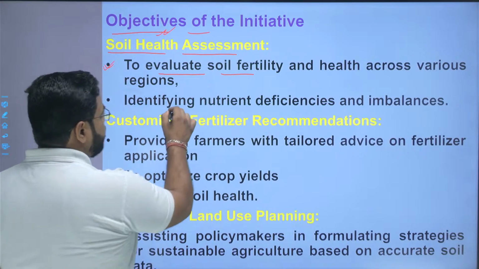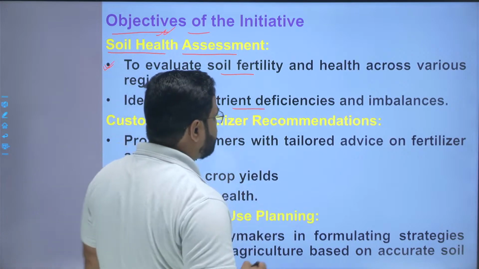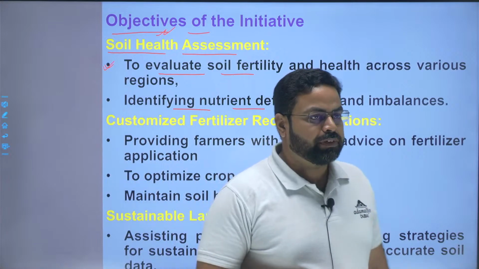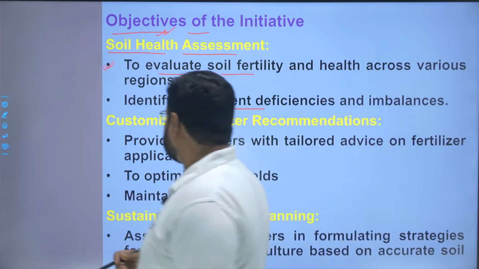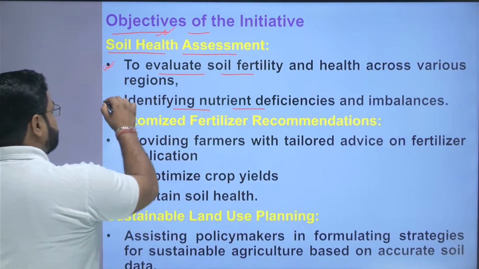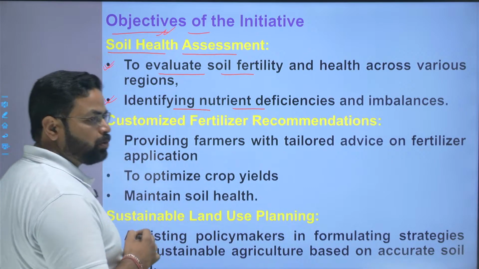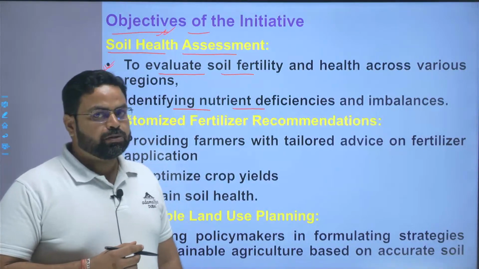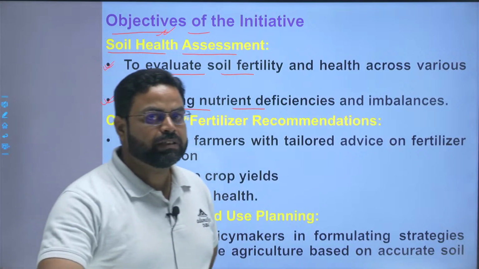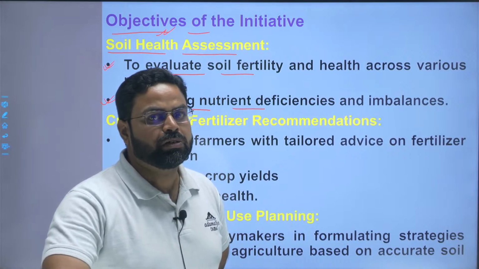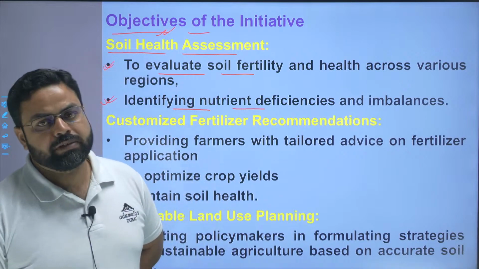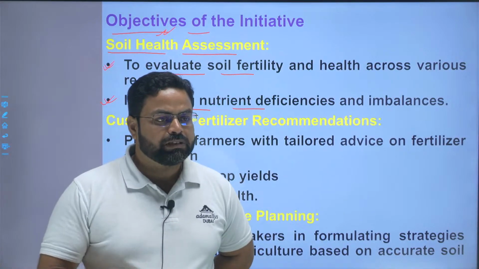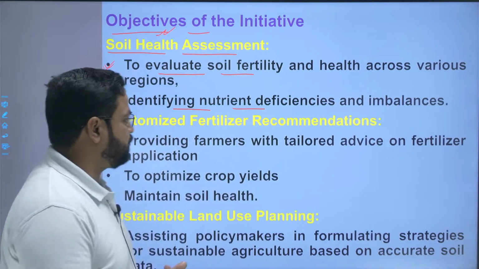Thereafter, identifying the nutrient deficiencies and imbalances in different regions, and addressing them through the proper cropping pattern, and various techniques will be utilized, manuring, organic farming, and other things, as well as agroclimatic based farming in this region.